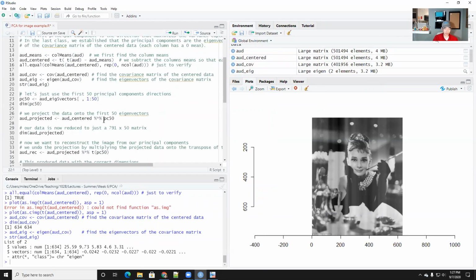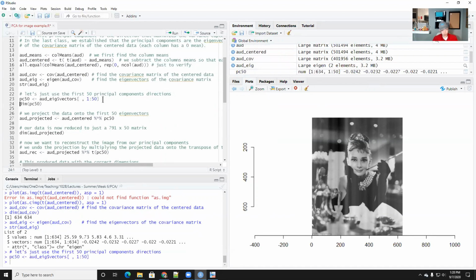And so to perform principal component analysis, we just have to say, I only want to keep, let's say, 50 of these things, okay? Just arbitrarily, I've chosen 50, but we could have picked any other number. And so I'm going to keep only the first 50 columns, and I'm going to call this PC50.